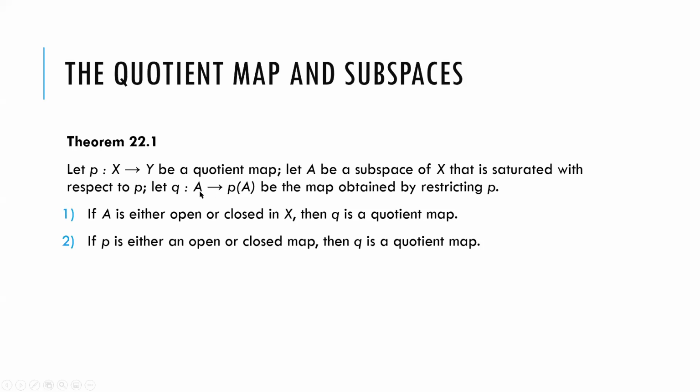We're going to prove this in our theorem 21. We will prove that Q will be a quotient map if A is either open or closed in X, or if P is either an open or closed map.